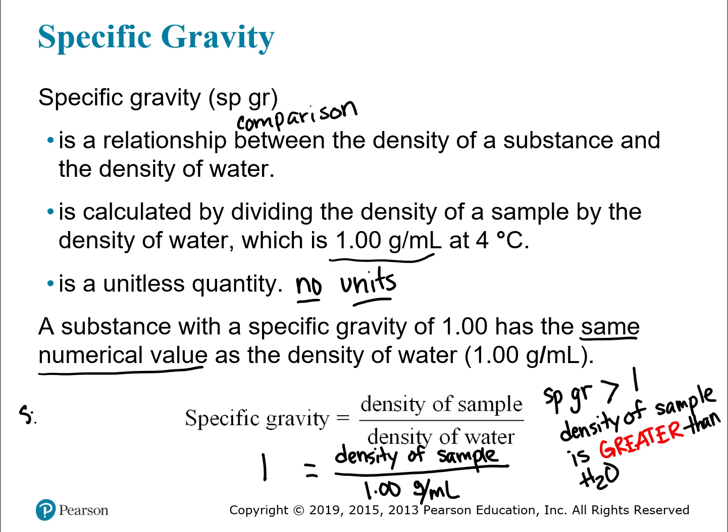And if your specific gravity is less than 1, it's the opposite. The density of your sample is going to be less than 1. Or, well, yes, less than water, but it's also going to be less than 1.